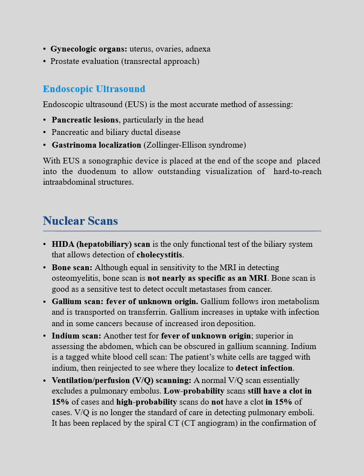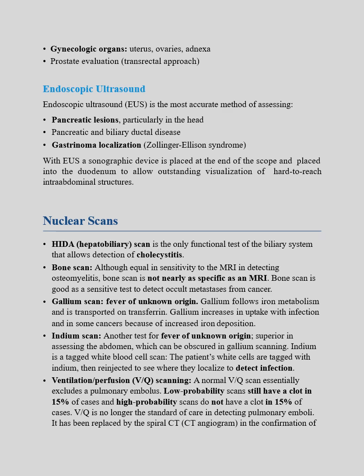Let's go to the next topic, which is endoscopic ultrasound. EUS, or endoscopic ultrasound, is the most accurate method for assessing number 1, pancreatic lesions, particularly of the head. Number 2, pancreatic and biliary distal disease.